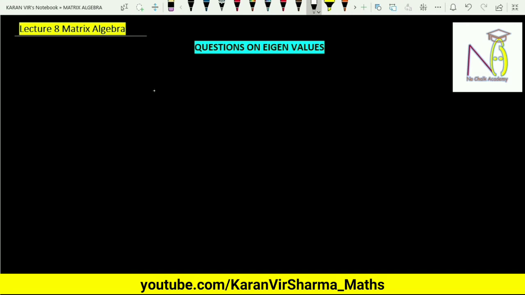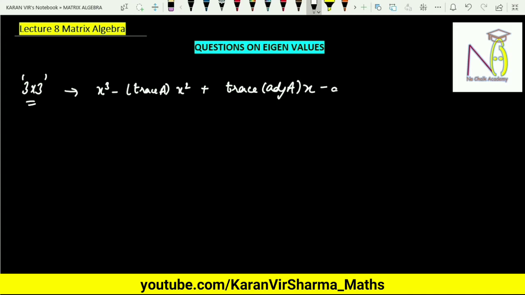First of all, I'll be taking an example for a 3 cross 3 system. As I told you yesterday, in case of a 3 cross 3 system, the characteristic polynomial is nothing but x cube minus trace of the matrix A into x square plus the trace of adjoint A into x, and that is minus determinant of A. This is equal to 0.